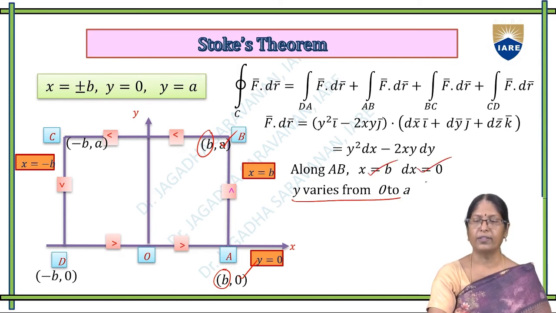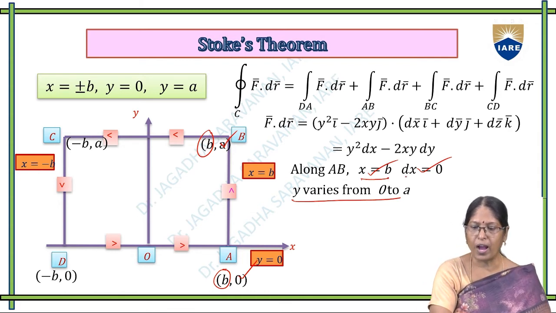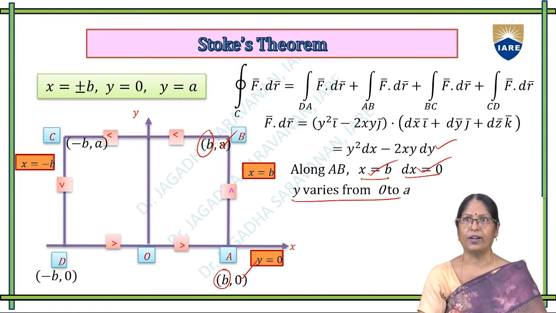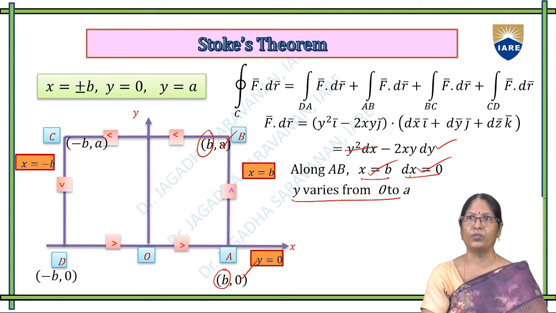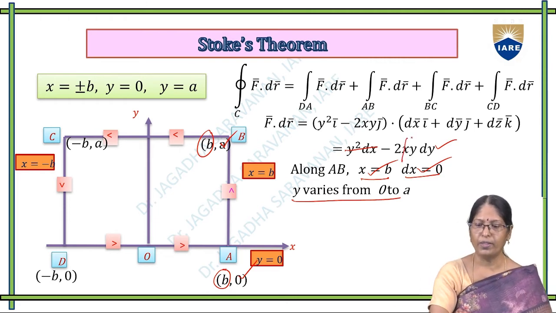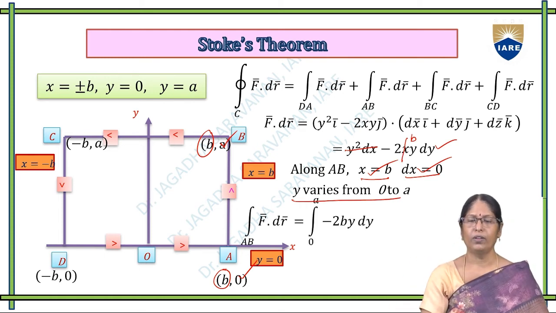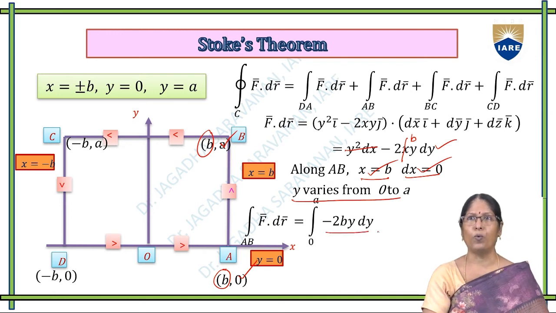And dx, the differentiation of any constant, is equal to 0. These values we have to substitute in our F dot dr. So this completely vanishes. dx equals 0 and x equals b, so from 0 to a, minus 2by dy.